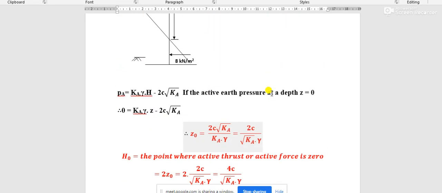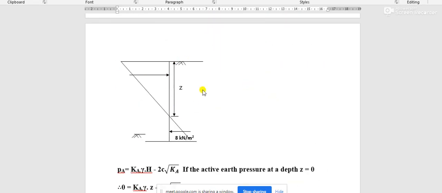Crack means this much of soil, this part of soil, will be dislocated or separated from the wall. When there is some clay characteristics in the soil, then after some value of pressure, this much of soil up to this point will make a crack, or separate from the surface of the wall.